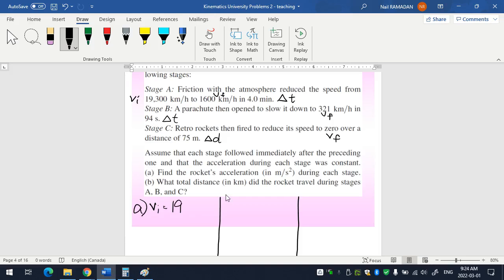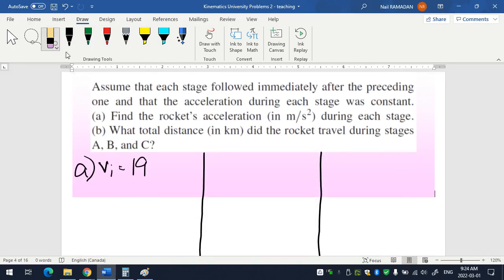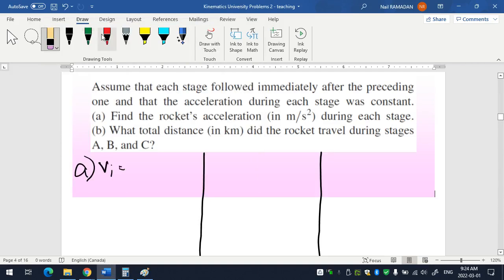So everyone, let's divide right now. I'm going to do the divisions and write the answers right here. What's the speed? 1300 divided by 3.6, so we can just use 5361.